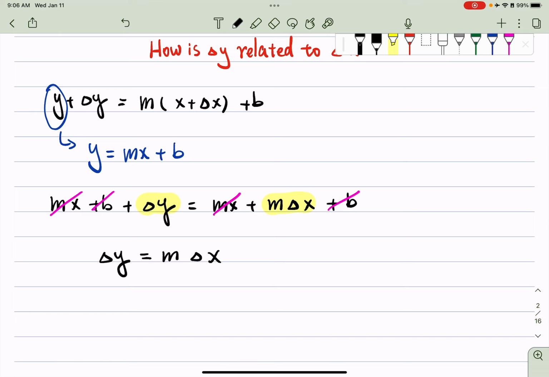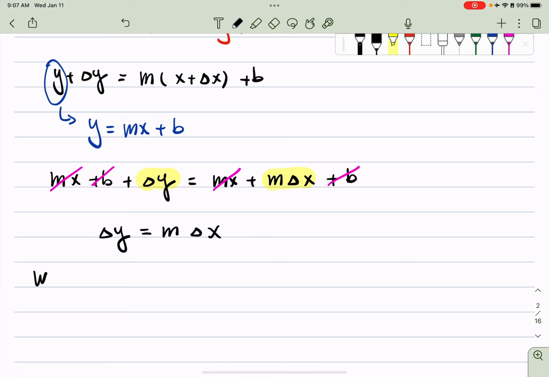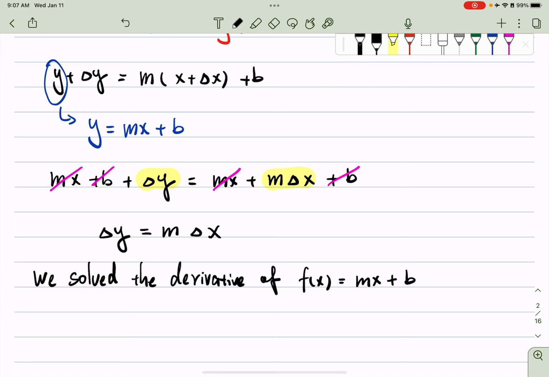So this is the simplest example of how you actually solve a derivative for a mathematical function. In this case, we can say we solved the derivative of f(x) equals mx plus b.